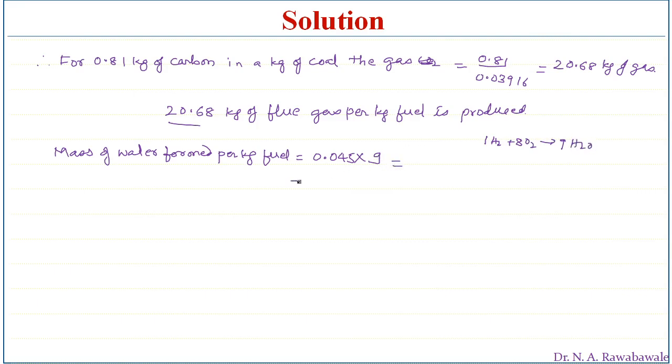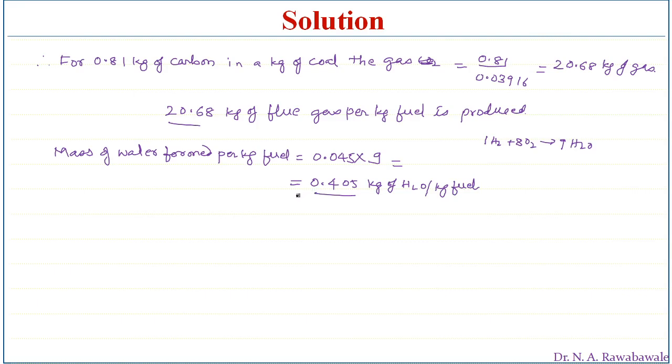Therefore we get 0.405 kg of water, H2O, produced per kg of fuel. If we burn 1 kg of fuel, it produces 0.405 kg of water.